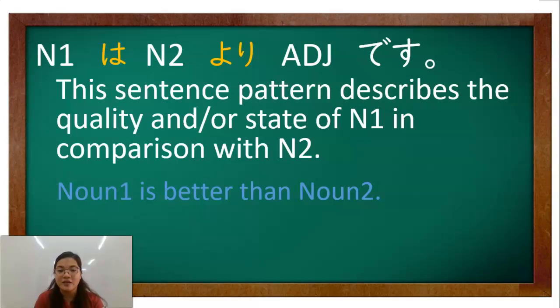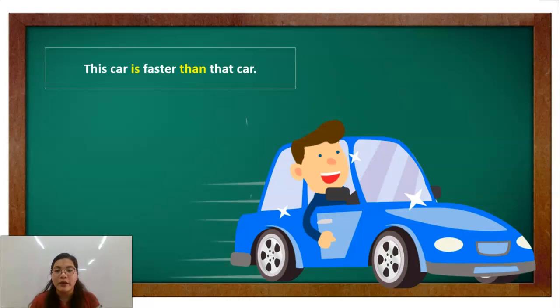Okay? So, kino-compare mo yung dalawang bagay, kino-compare mo yung dalawang noun through this adjective. And noun 1 is always better than noun 2. For example, this car is faster than that car. Ang car na ito ay mas mabilis kaysa car na yun.